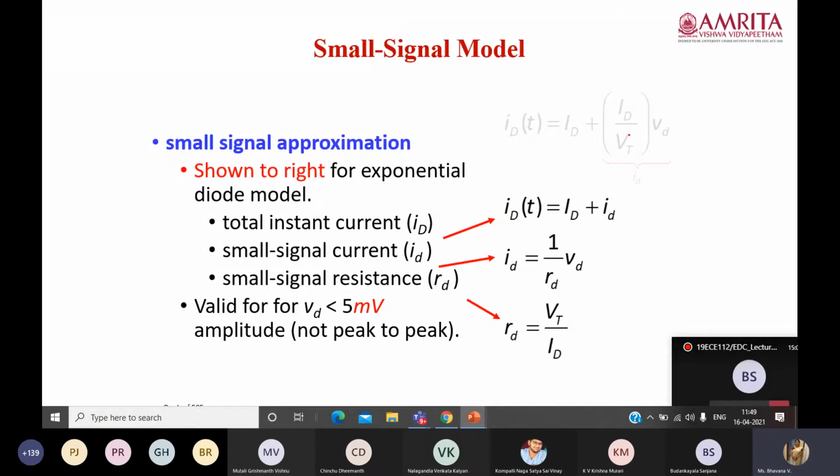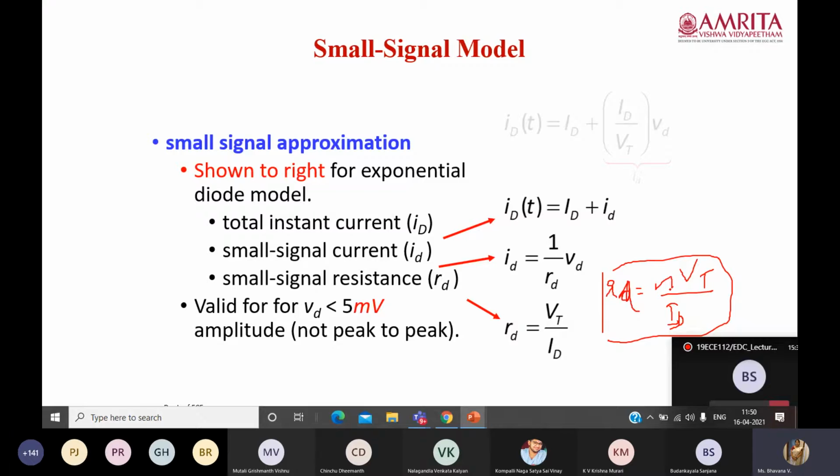From that you can obtain small id of t by small vd of t, which is called the conductance, and the unit is mho or ohm inverse, and the reciprocal of the conductance will give you the resistance. So RD will be equal to NVT by ID. You study this equation only, NVT by ID. If nothing is mentioned, you can take N as equal to 1. If the N value is mentioned, you have to substitute that also.